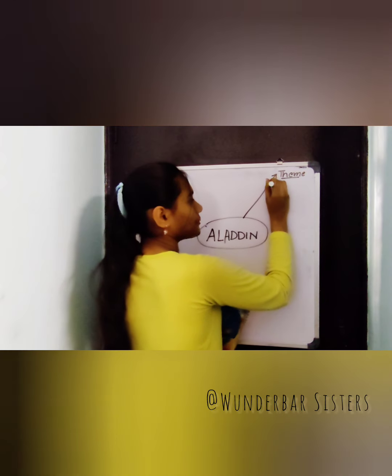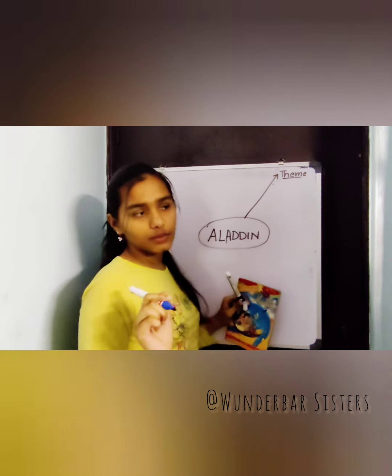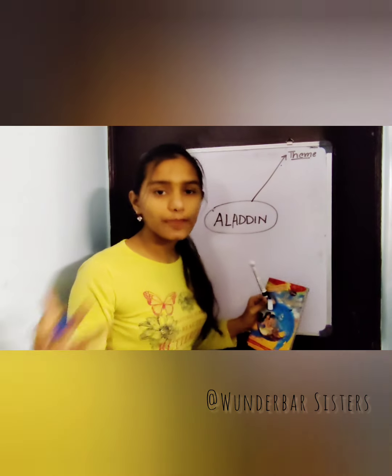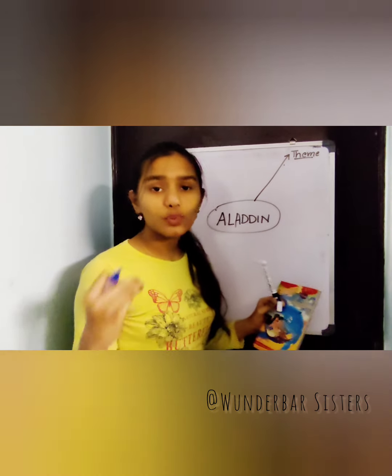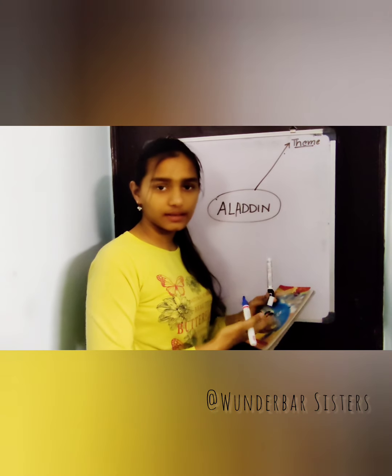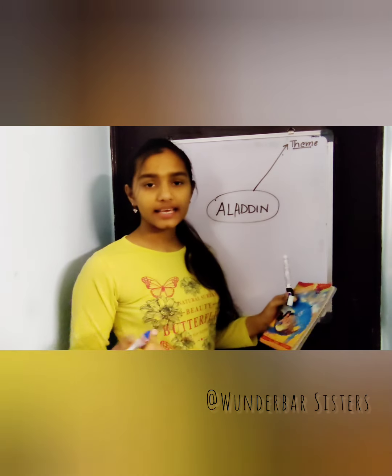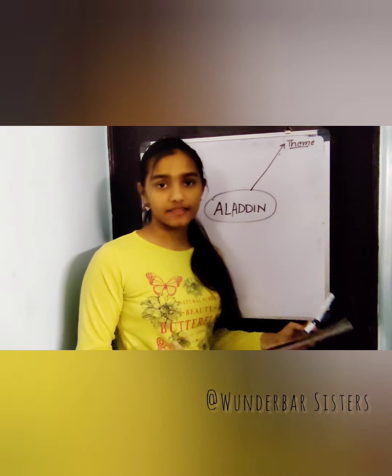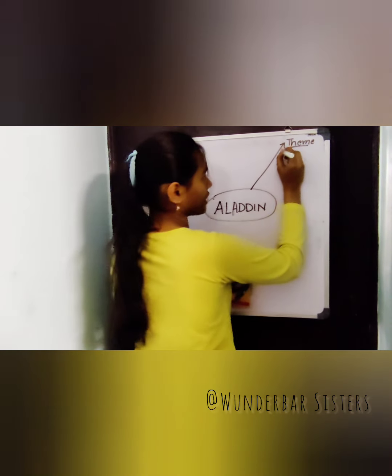So, theme is basically the major topic or the inner values that the story is trying to teach us. So basically, from Aladdin, what we learn is finding the strength and wealth in ourselves, within us. So I'm going to write it.